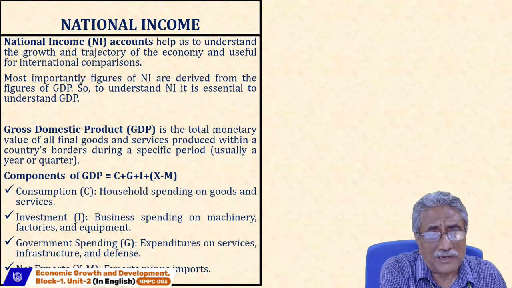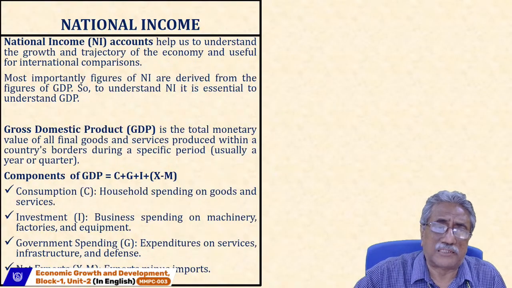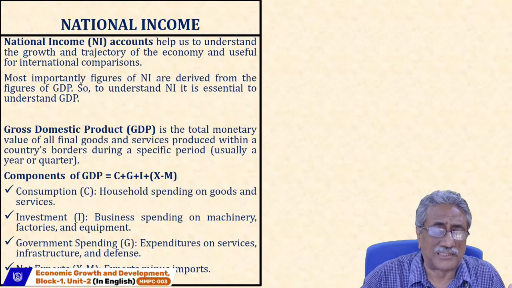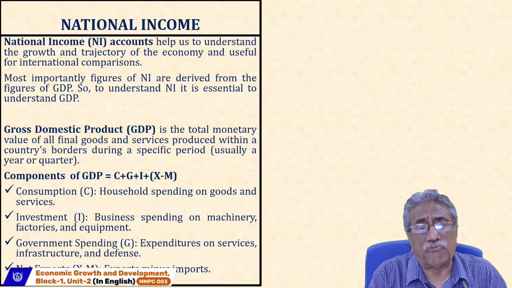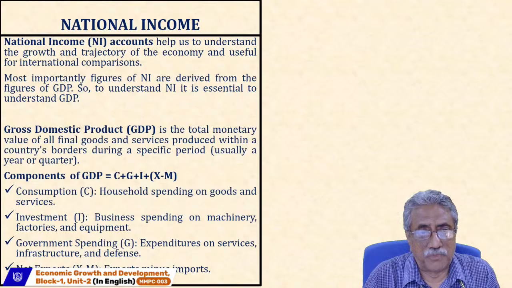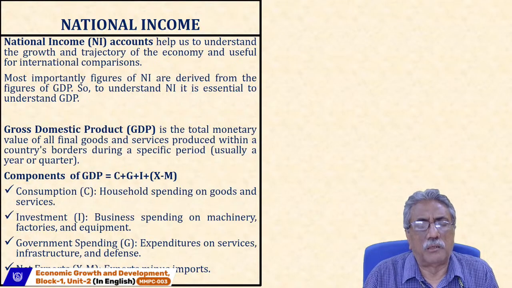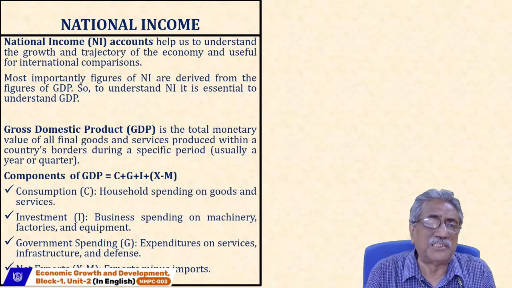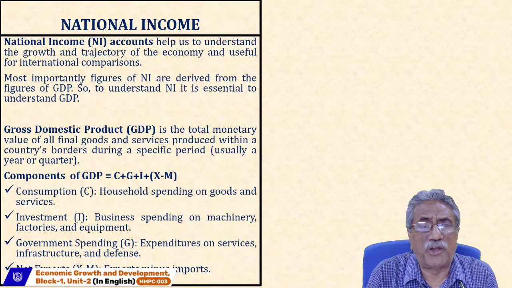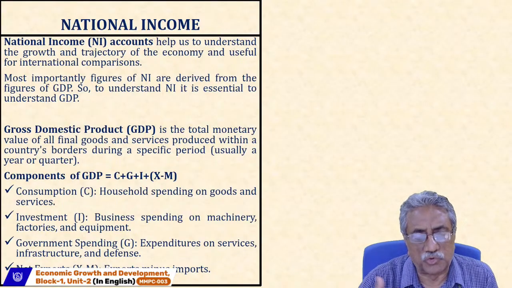So if I take a car, that is a final good, I am taking care of tire, seat, steering, battery, etc. So that is why all final goods and services are taken care of within a country's border during a specific period, that is yearly or quarterly. Generally, when Nirmala Sitharaman Madam presents the budget, she takes the yearly GDP growth rate, and quarterly we announce the quarterly growth rate of GDP.